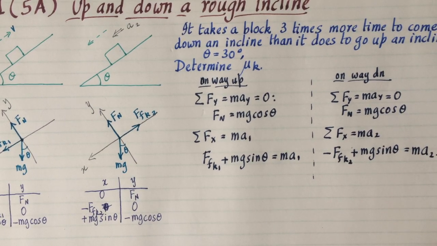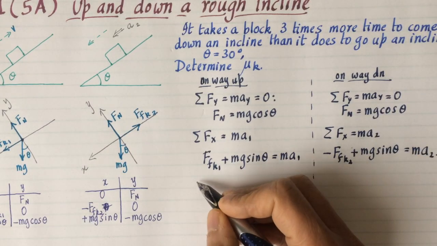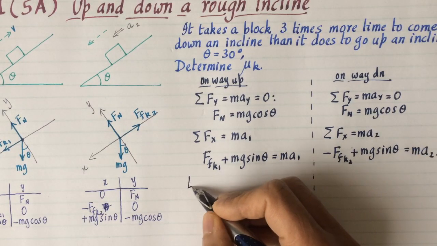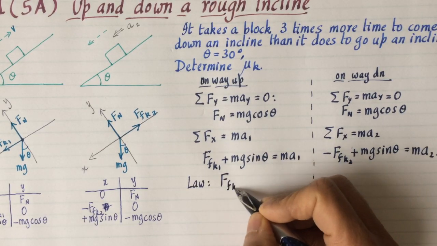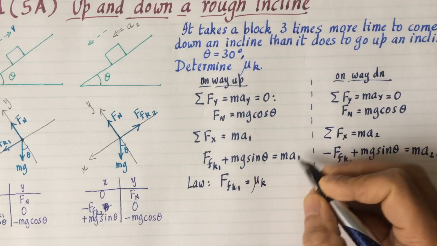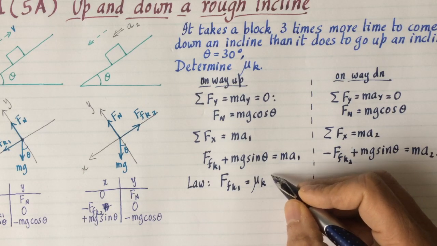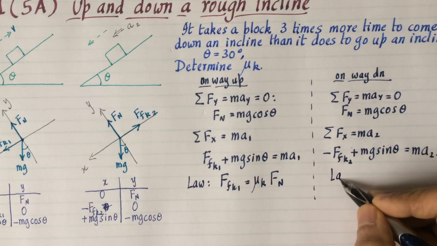Well, that looks good, except we don't have a way of relating the x and y directions. That is provided by the law of friction. The law of friction states that the force of friction is mu times a normal force, in this case mu k. Let's write down the law for here.